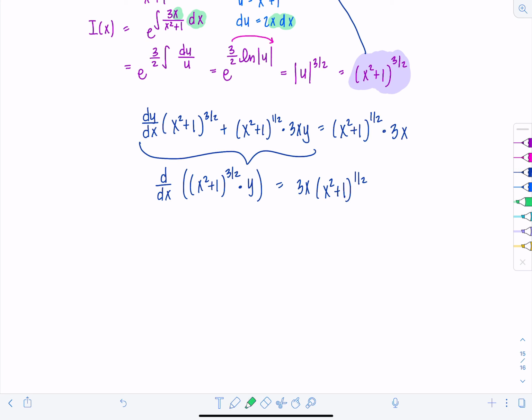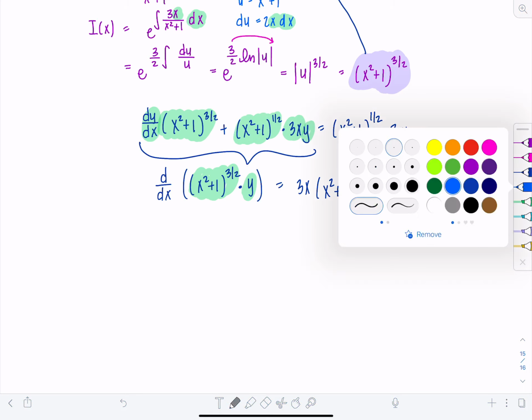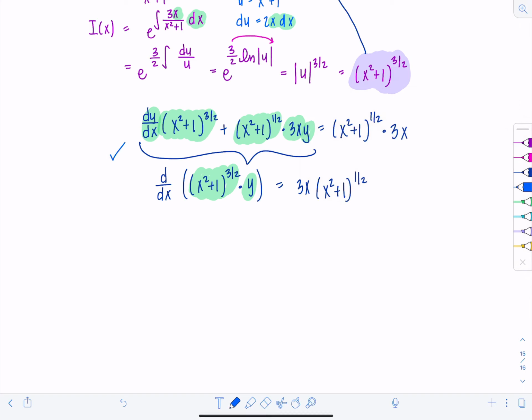So I'm going to leave the integrating factor alone. Okay. And then take the derivative of y. Yes, I see it. Now, if I take the derivative of the integrating factor, I'm going to multiply by 3/2. And then by the chain rule, I need a 2x. So 3/2 and 2x cancel to 3x. And then there's x squared plus 1 only to the 1/2 now, and y left alone. Good. It checks. Voila.